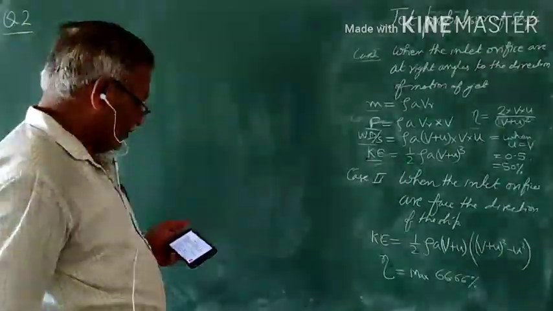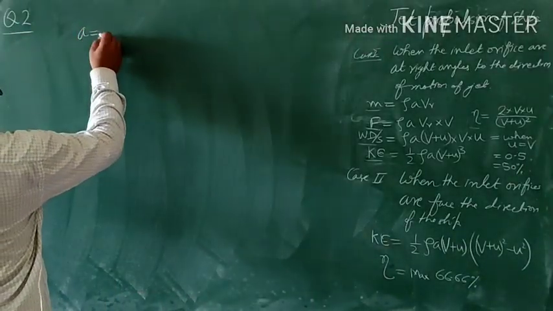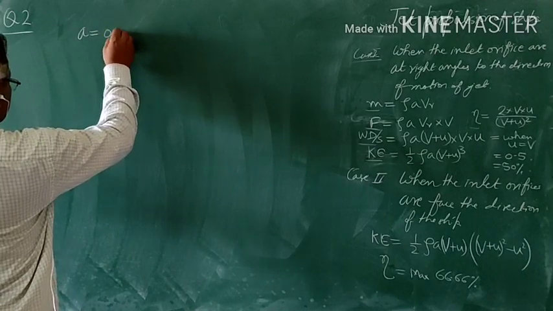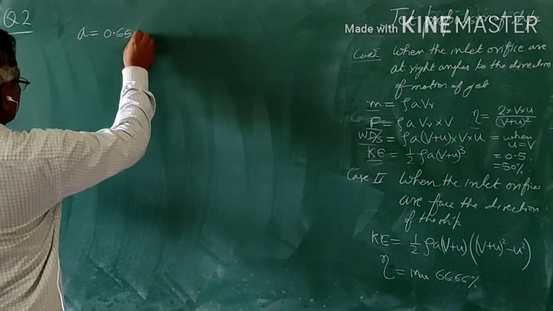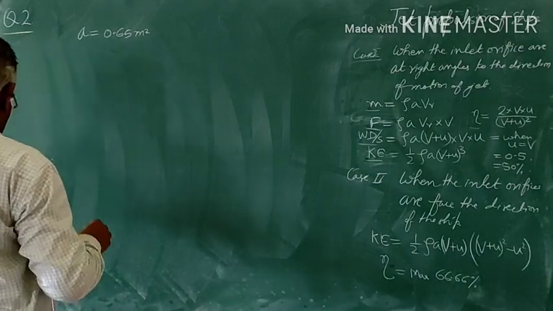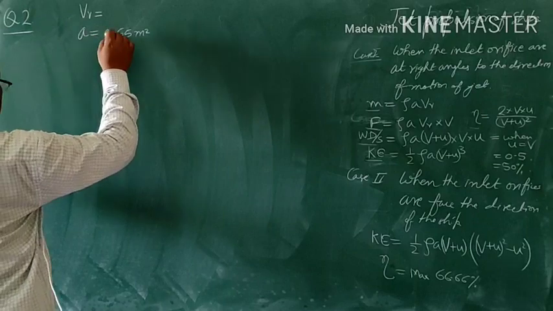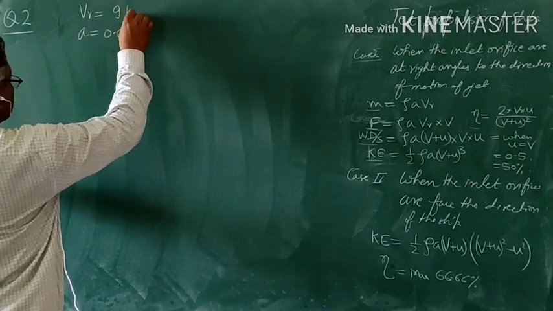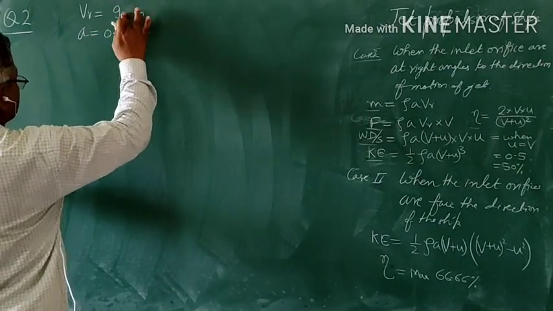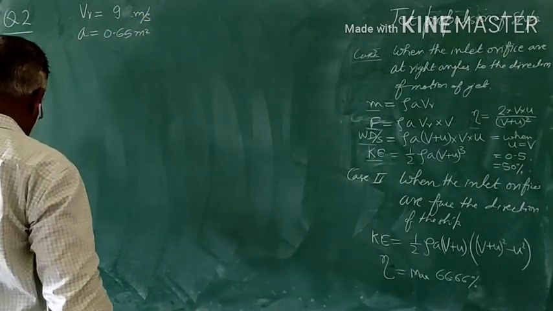Question number 2, it is given that the total area of the jet is 0.65 meter square. Then the velocity of the jet relative to the ship is given as VR equals 9 meter per second.